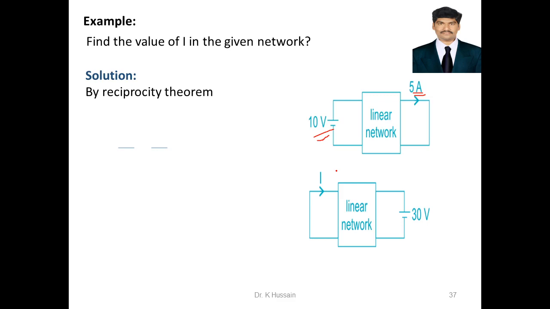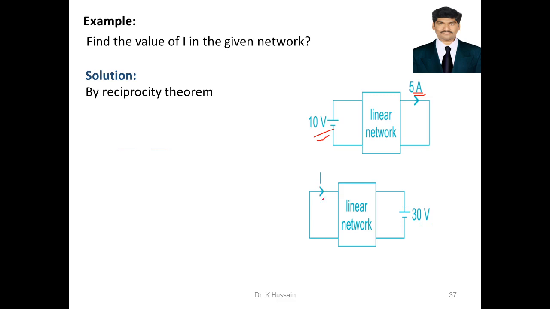By using a simple conventional method, we can find out. But here, I have taken it by seeing it is a very simple problem. The thing is, here you have to observe this, because I changed it to 30 volts, and how much current, this you have to find out.